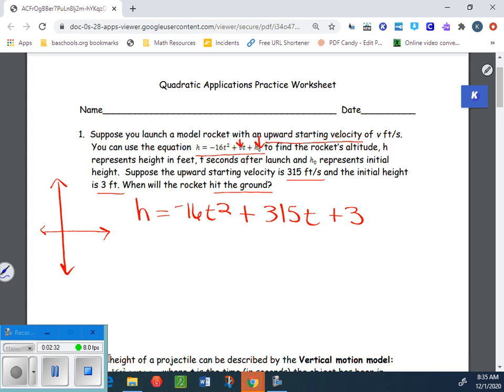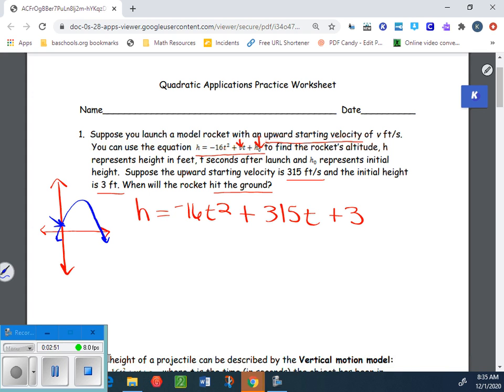Picture the coordinate plane, and picture the parabola that might look something like this. That's not a great parabola, but we're going to say it like this. My initial starting height would be right there at 3 feet.